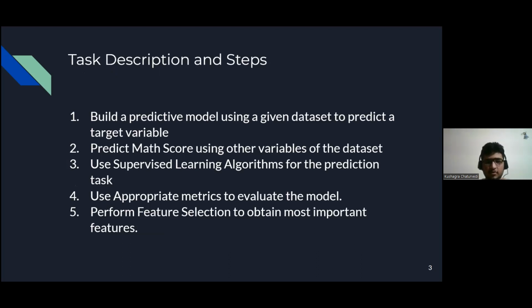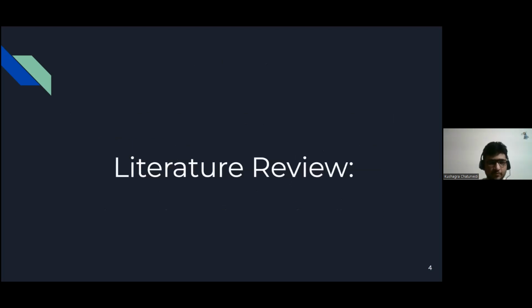And we have to use supervised learning algorithms here so that we can use them for the predictive task. And we have to use the appropriate metrics so that we can evaluate the model without any bias. And then we have to perform the feature selection here so that we can get the appropriate and relevant features that are contributing to the model prediction.